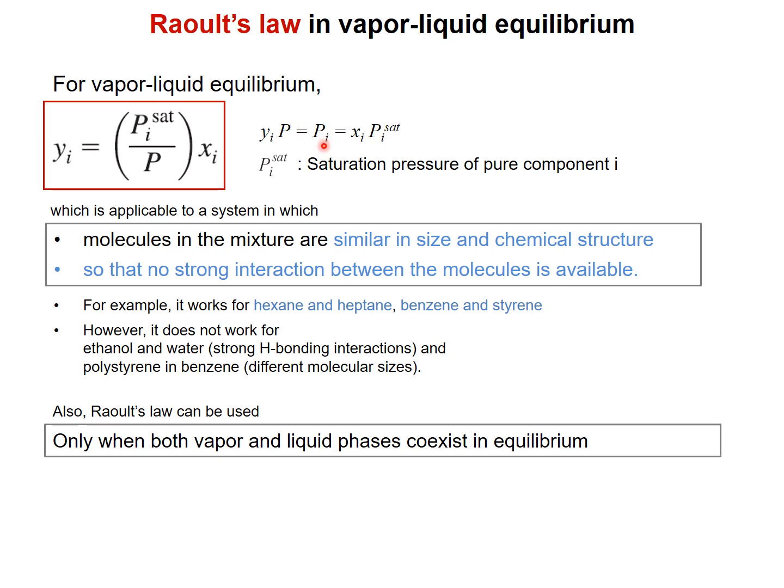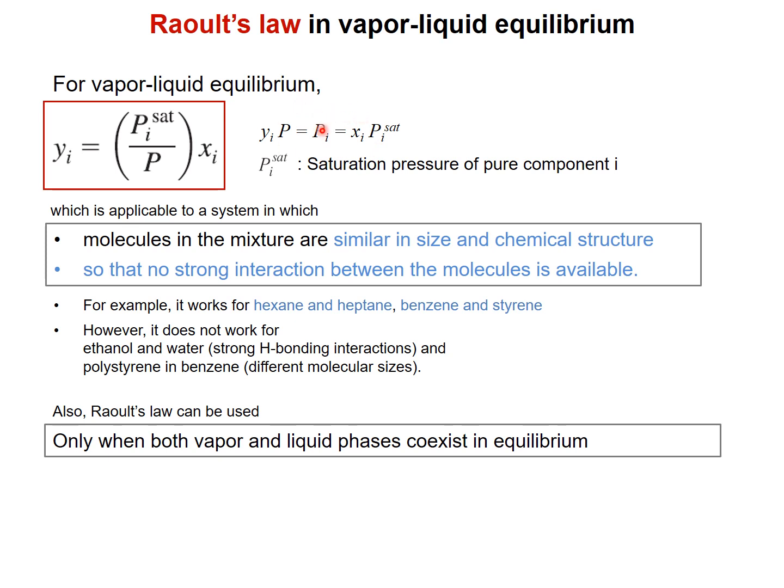The partial pressure of species i can be described by the vapor phase composition. On the other hand, the same thing can also be calculated by the liquid phase composition. So, by using this equality, you could correlate the vapor phase composition and the liquid phase composition. That is Raoult's law.